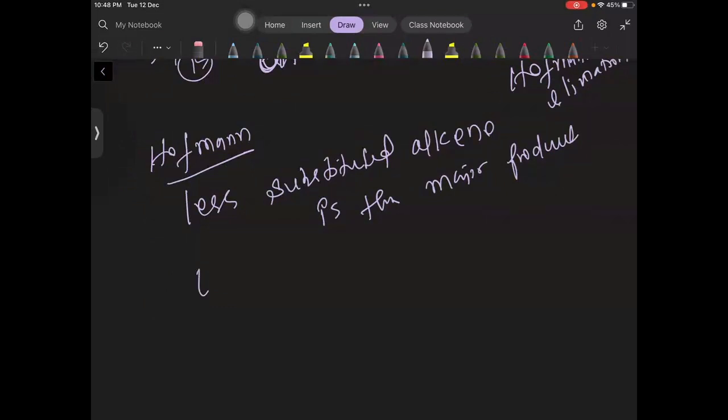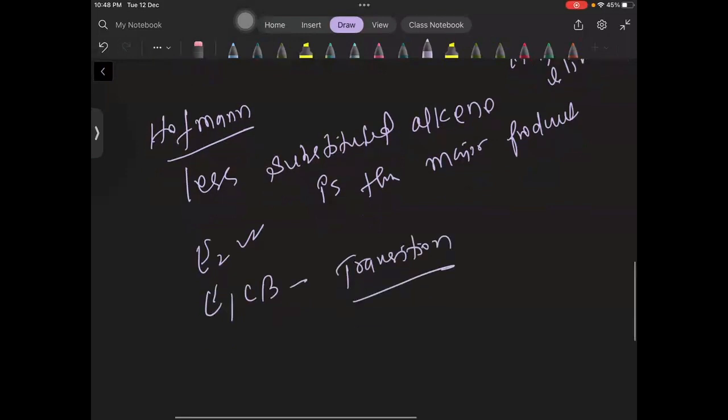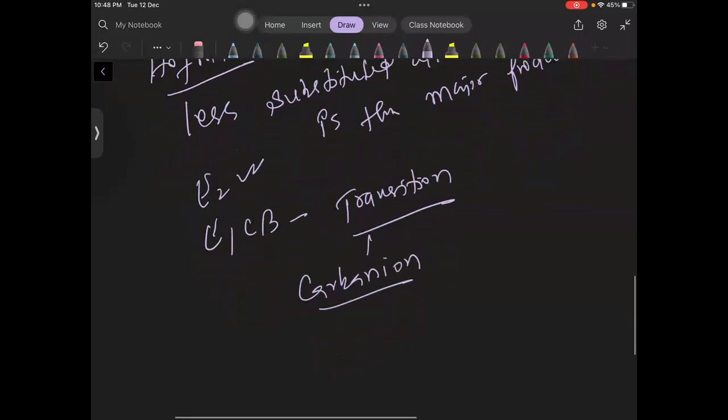Hofmann is an E2 process, and it favors the E1CB-like transition, where a carbanion-like negative charge transition state forms.